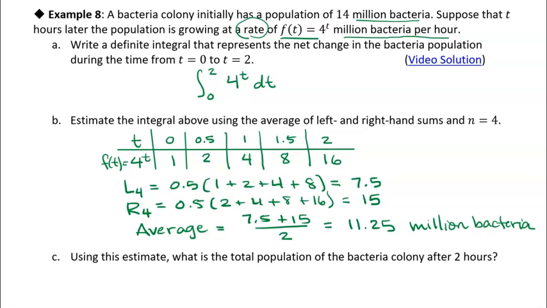Now, we didn't start with zero population. We started with 14 million bacteria. So, using this estimate, what is the total population of the bacteria after 2 hours? Let me write down total population.